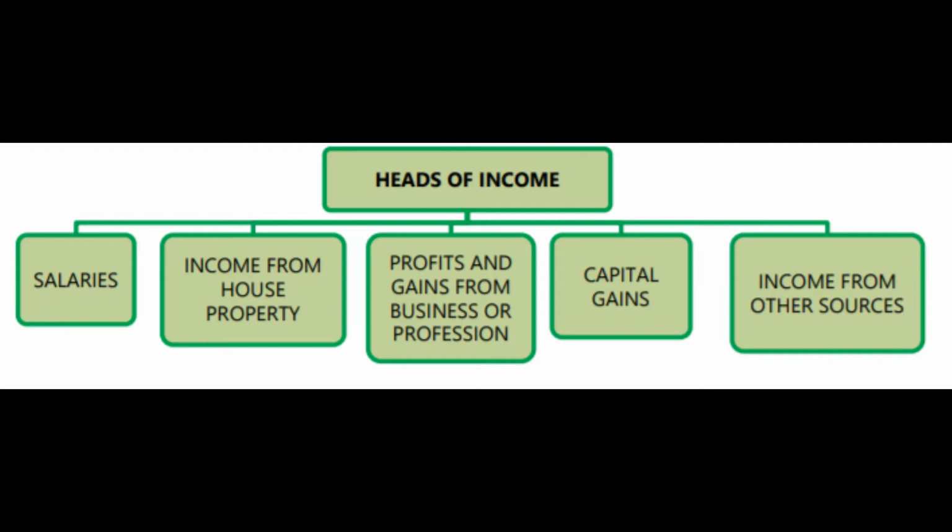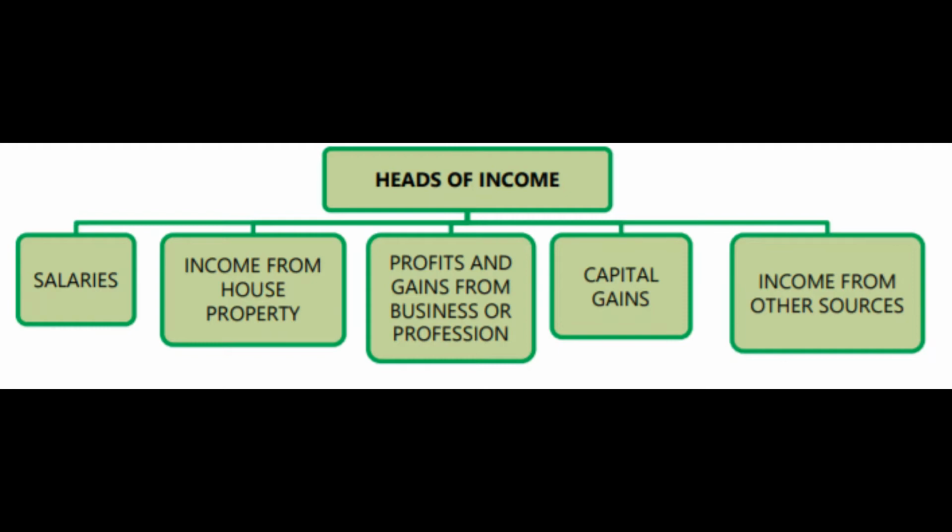But let me just warn you at this time, while we learn, while we practice, we can use the word PGBP, no problem, but in the examination we have to write the full form, preferably the entire name of the head of income, which is profits and gains of business or profession. But every time while discussing, if we use that, it is a waste of time. So we just use the shortcut or acronym PGBP. So that is one of the sources of income, so that is one of the heads of income also.